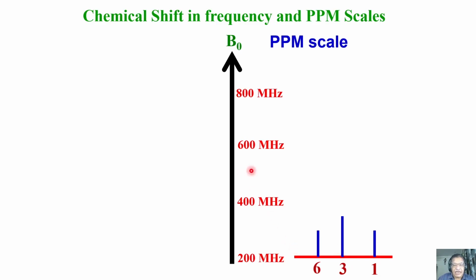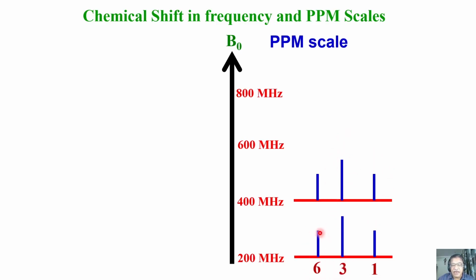Now, I have another spectrometer. I will go and record the spectrum at 400 megahertz and then get the peak positions in ppm, the same 3 peaks. What happens now? It remains the same. The peak which is at 1 ppm at 200 remains the same at 400. The peak at 3 ppm remains the same at 400 megahertz.